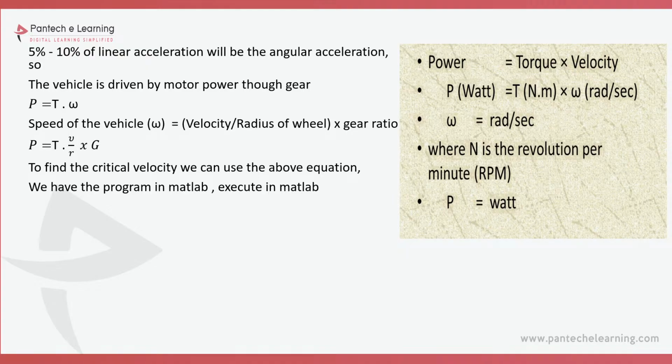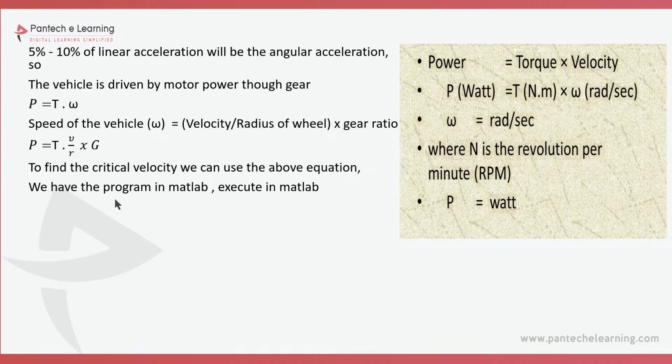The vehicle is driven by the motor through the gear, so the formula is P equals T into omega. The speed of the vehicle, omega, equals velocity divided by radius of the wheel into gear ratio.